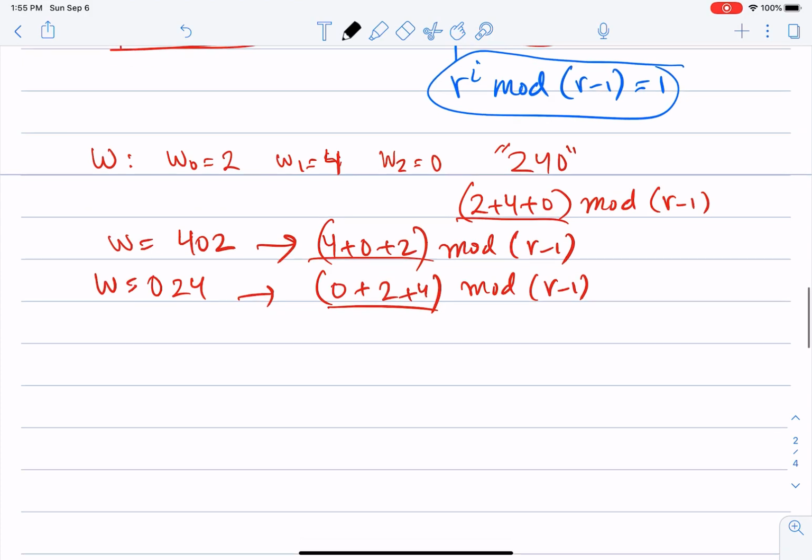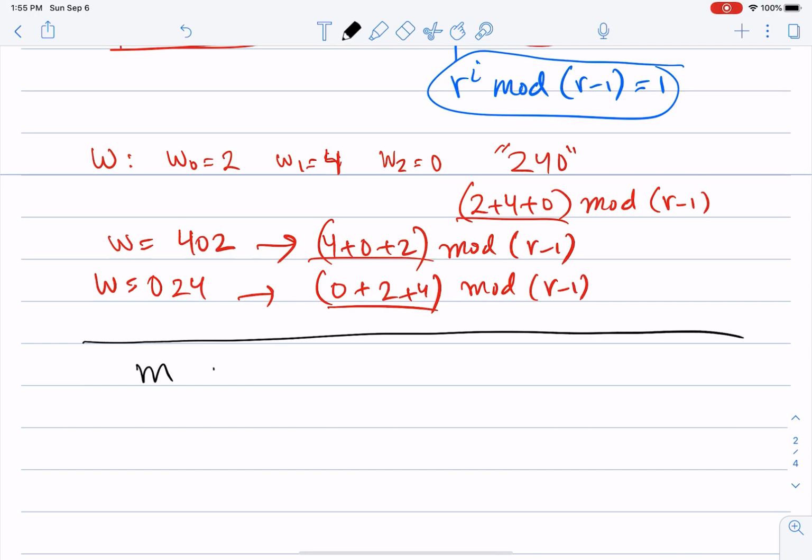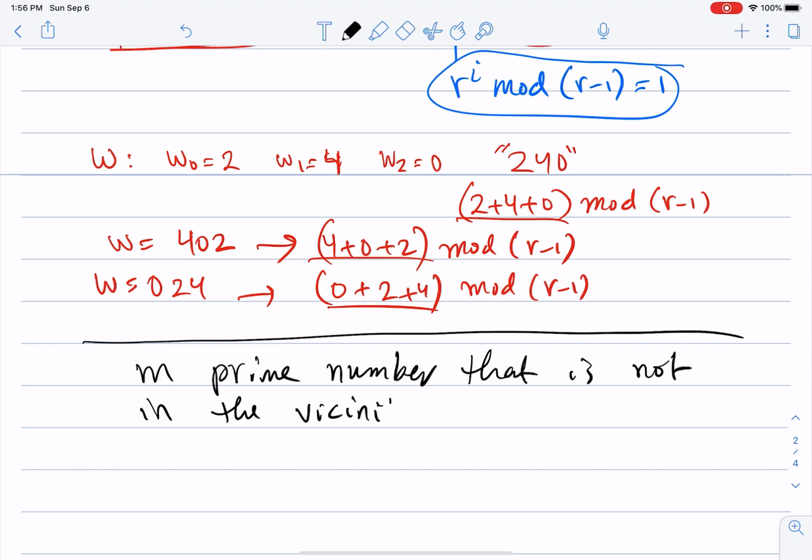One safe choice, or what the community recommends, is that we want M to be a prime number that is not in the vicinity or the neighborhood of R plus or minus a, or R squared plus or minus a, for small values of a.